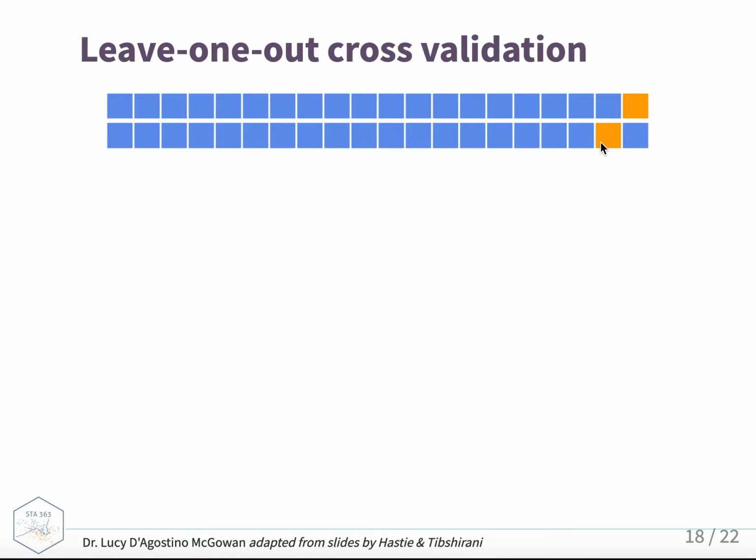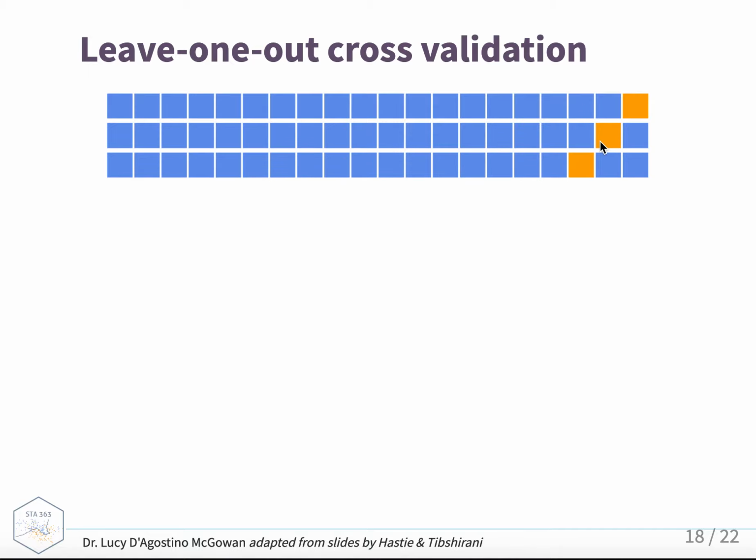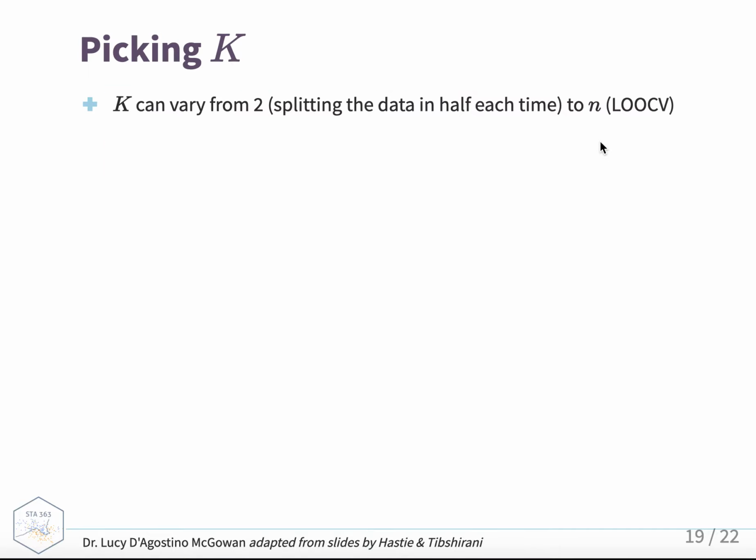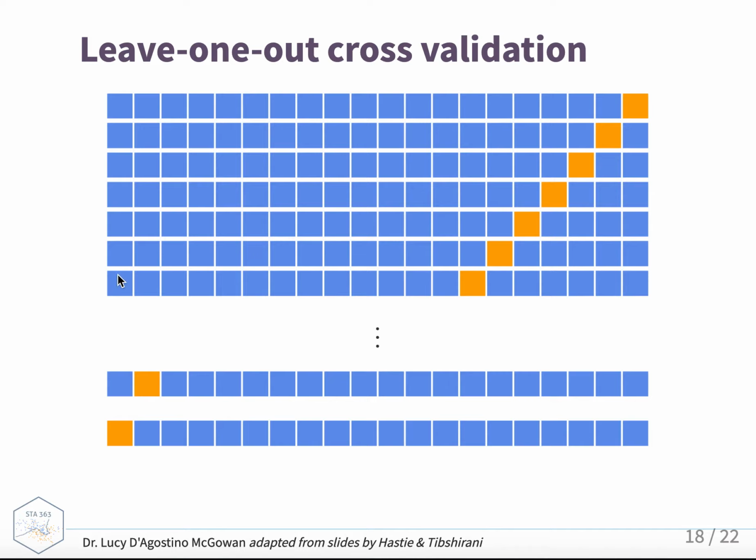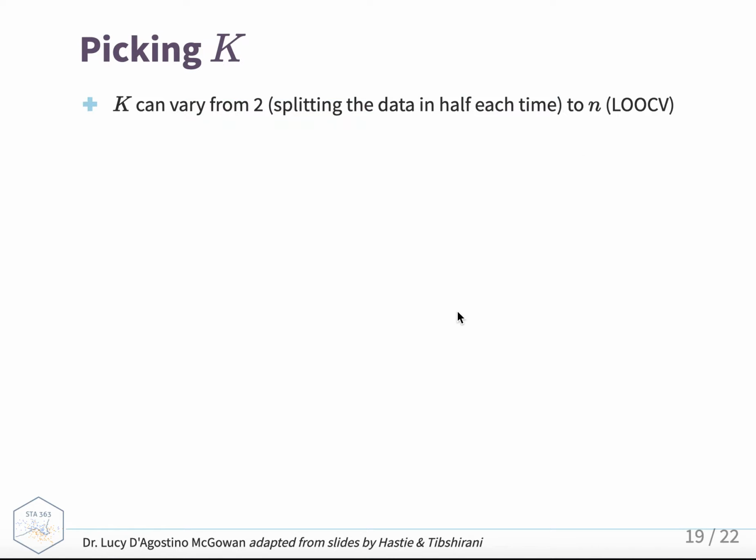Then we do the same thing, leaving the next one out, and the next one, and the next one, all the way down until we'd done it with the entire data set. So we would do it n times, where one at a time we left a data point out and calculated the mean squared error for that data point, and then averaged across all of those.